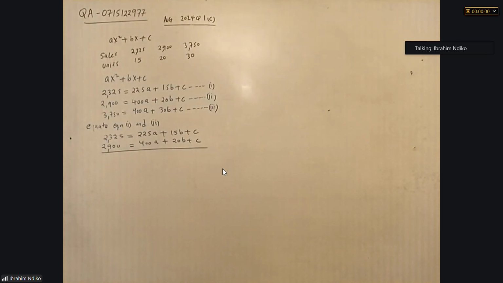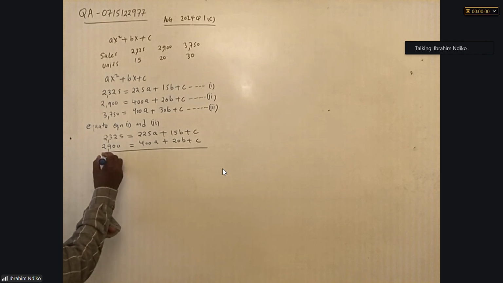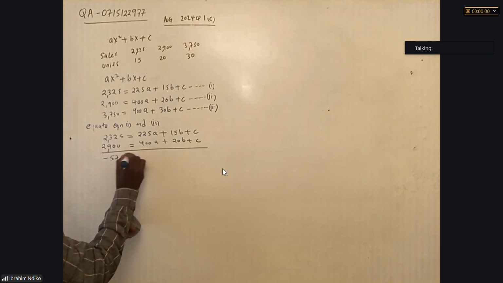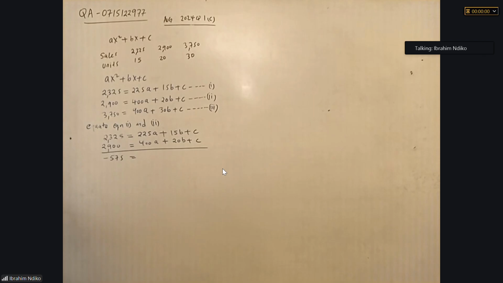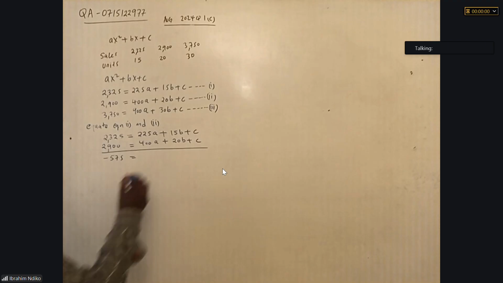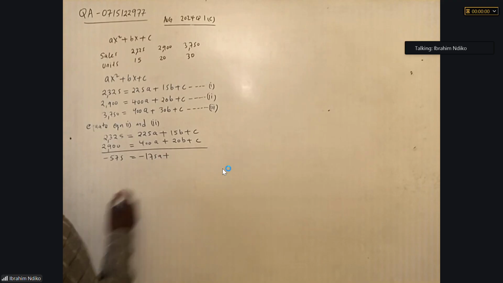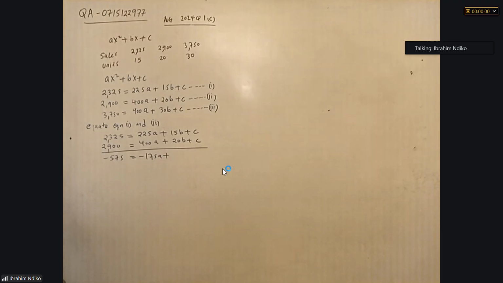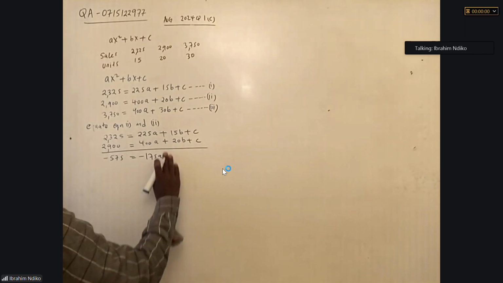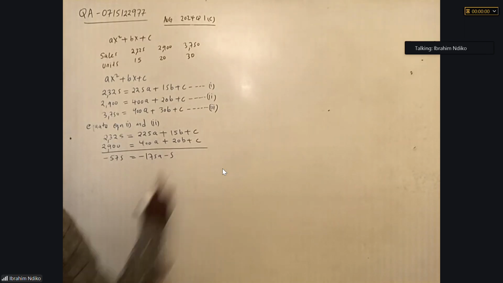So it equals 2325 minus 2900, which is minus 575, is equal to 225 minus 400, which is minus 175A, plus 15 minus 20, which is minus 5B, then C minus C is 0.